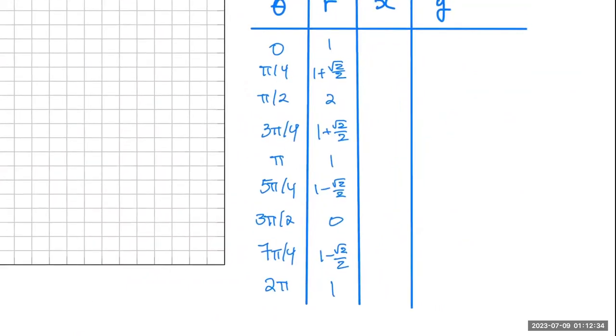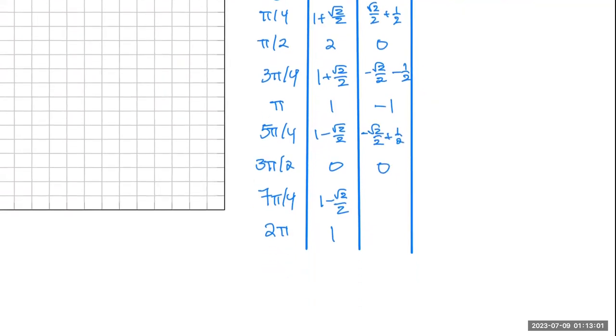For the x, we substitute r cos theta, which is going to be given by 1, root 2 divided by 2 plus 1/2, 0, negative root 2 divided by 2 minus 1/2, 0, negative 1, negative root 2 divided by 2 plus 1/2, 0, root 2 divided by 2 minus 1/2, and 1.